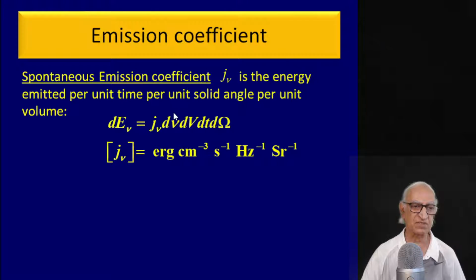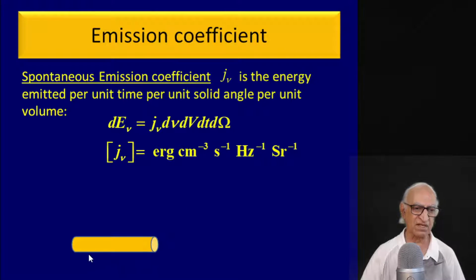In other words, if dE is the energy emitted in a volume dV in a time interval dt into a solid angle d omega in the frequency range d nu, then this relation defines the emission coefficient J nu. The dimension of the emission coefficient is energy per volume, per second, per hertz, per steradian.